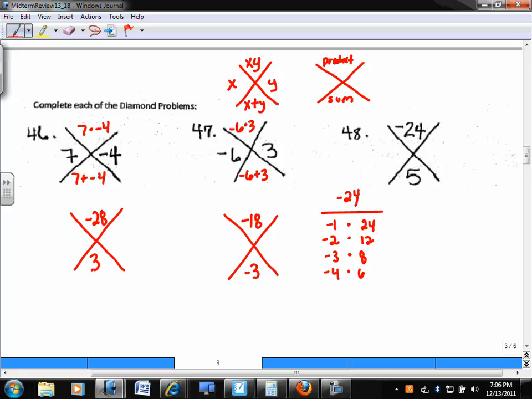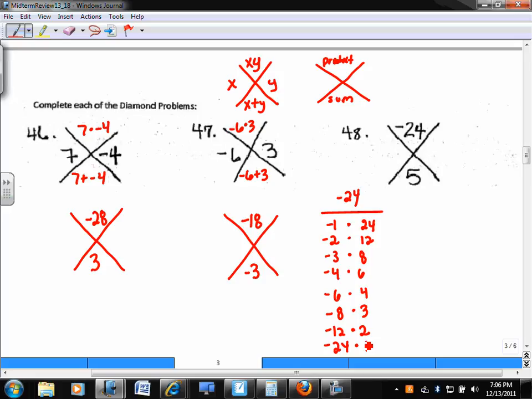I could have negative 6 times positive 4, negative 8 times positive 3, negative 12 times positive 2, and negative 24 times positive 1.